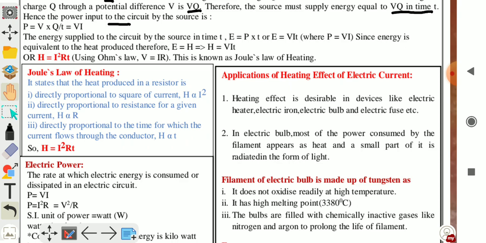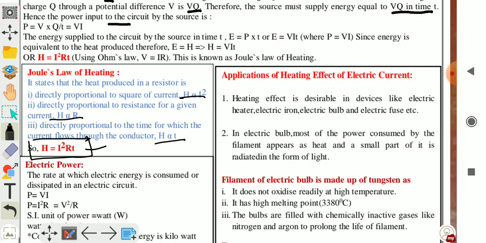It means H is directly proportional to I square, to R, the resistance, and also to T. So we will get this formula H equal to I square RT. This is Joule's law of heating.